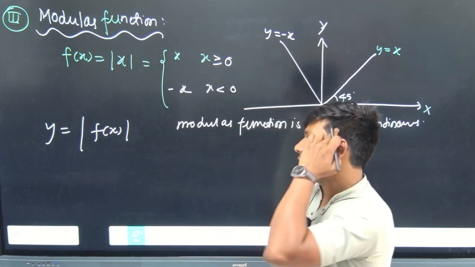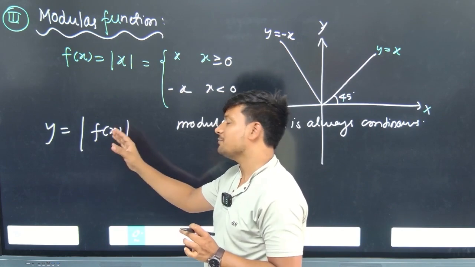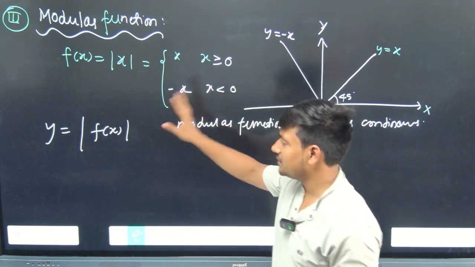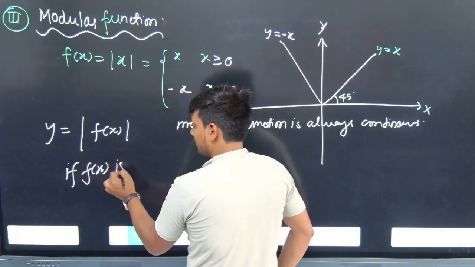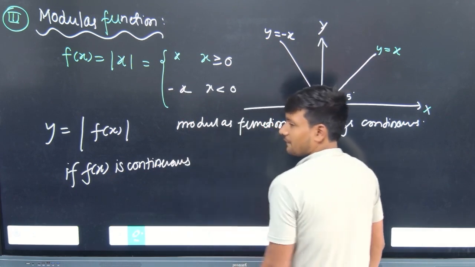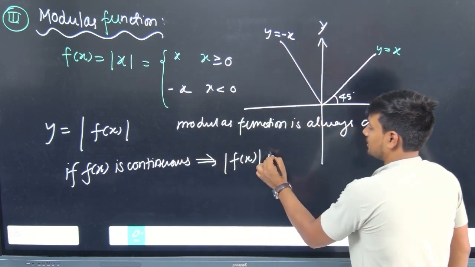Okay, because modulus function is doing only one work, that is it is making the function's value positive. Okay, so if fx is continuous, this will imply mod fx is continuous.